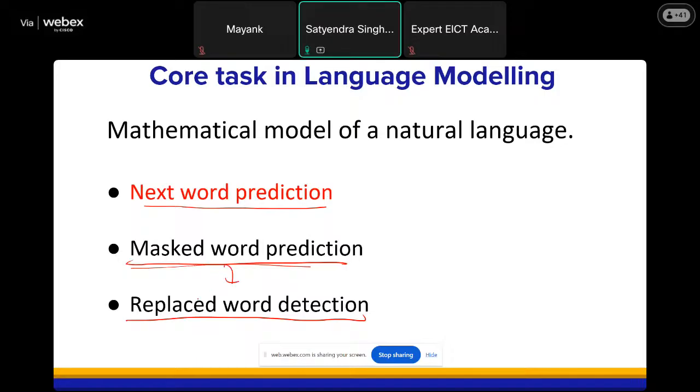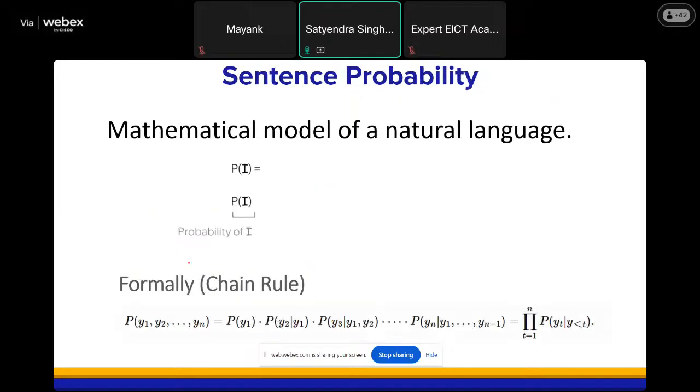Another variant is replaced word, where random words are replaced with other words, and the model tries to predict that word. With the help of training, when the model has converged, it is able to identify the replaced word.